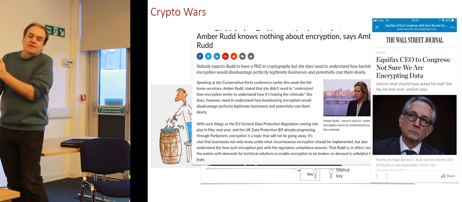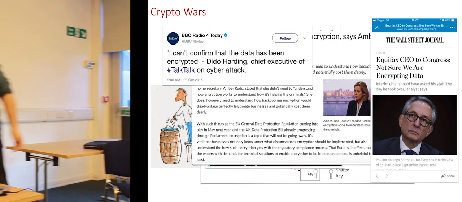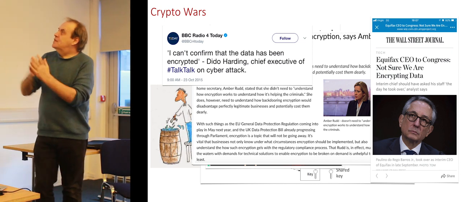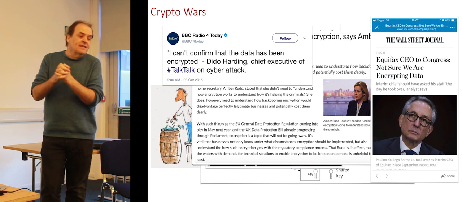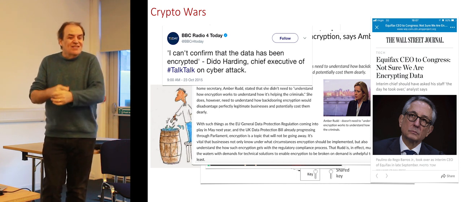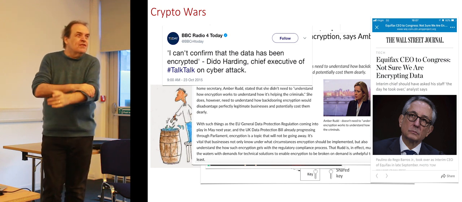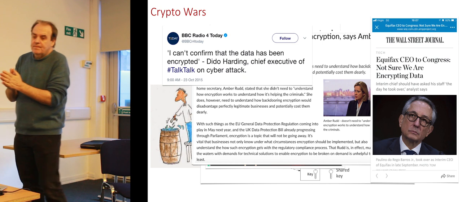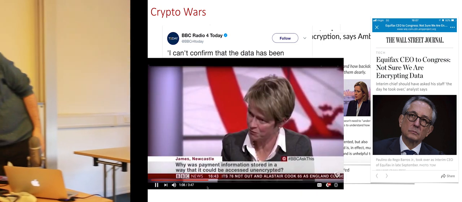So increasingly we need to understand the usage of encryption and so on. And then it happened with the TalkTalk hack, that Dido Harding went on Sky News and told the world that she didn't actually know if the data was encrypted or not. So it's important that you understand how to.